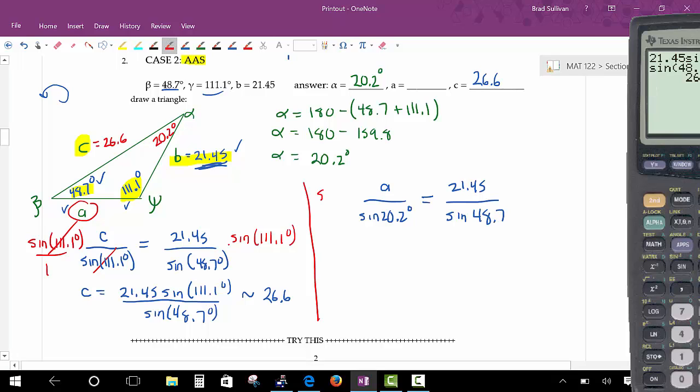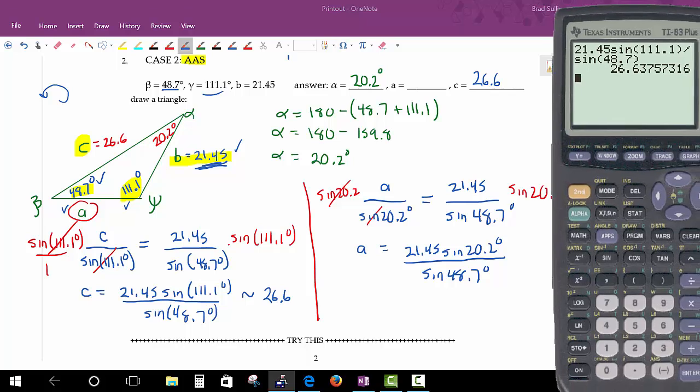So I'm going to multiply both sides by sine 20.2, like this. And then I'm going to go to my calculator. So I've got A is equal to 21.45 times the sine of 20.2 degrees, all divided by the sine of 48.7 degrees.